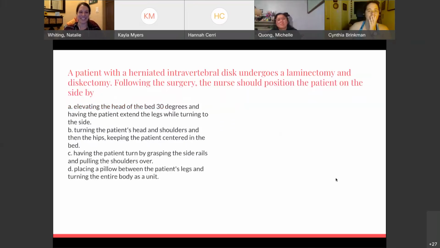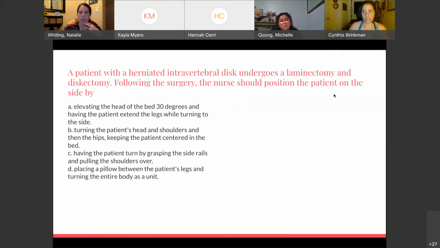Okay, good job, guys. So a patient with a herniated intervertebral disc undergoes a laminectomy. You guys know what a laminectomy is? Okay. And discectomy.